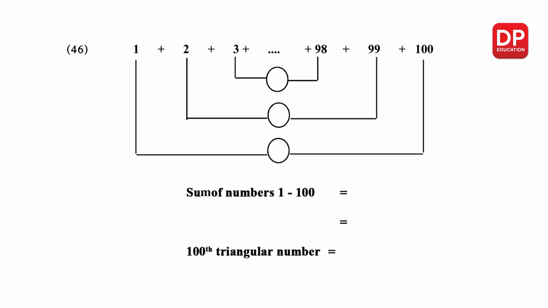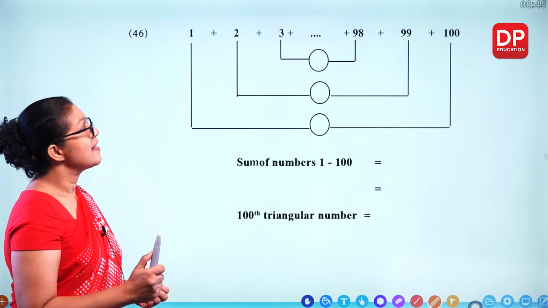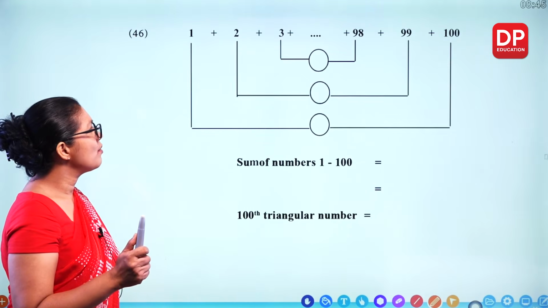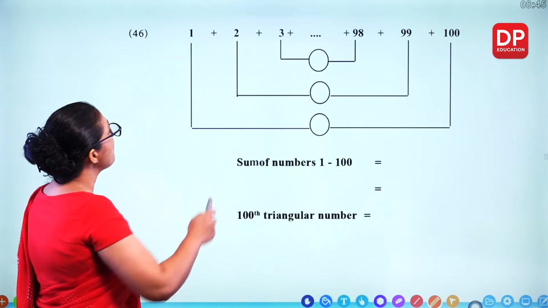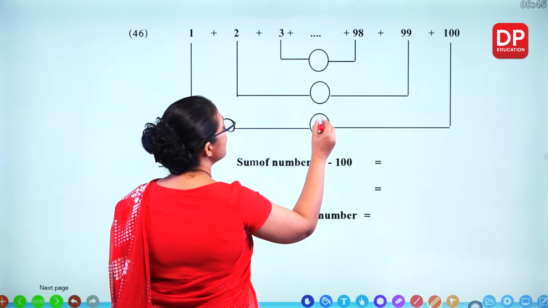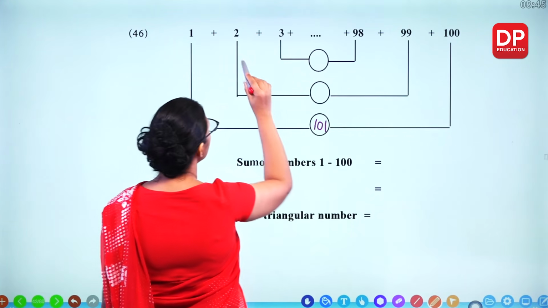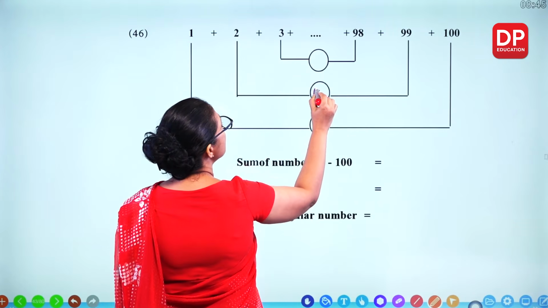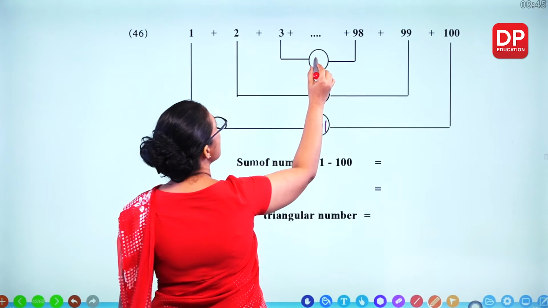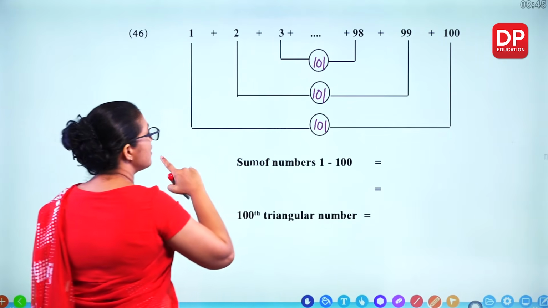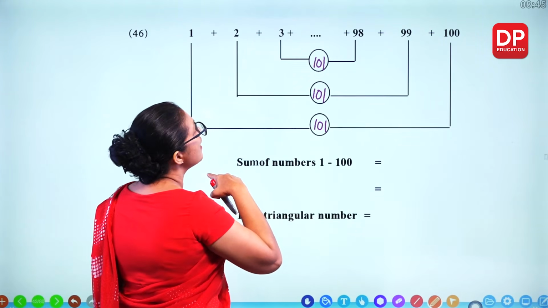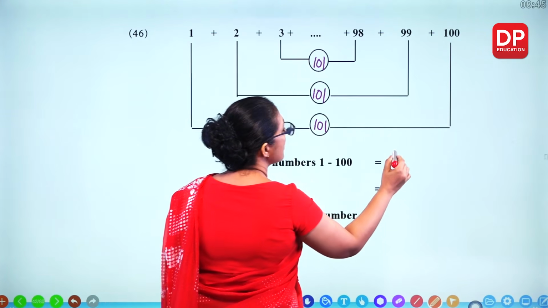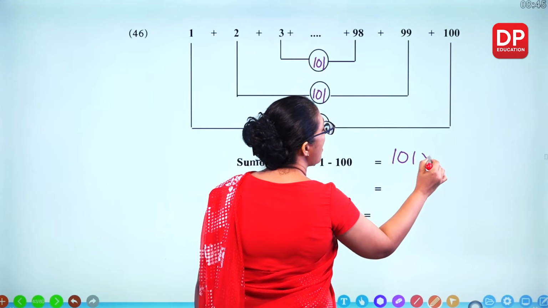Now we'll see adding 1 to 100 means that's the 100th triangular number. So we'll try to find out what the 100th triangular number is. 1 plus 100, that's 101. 2 plus 99, that's also 101. 3 plus 98, 101. So in the sum of numbers 1 to 100, you get 101, how many times?